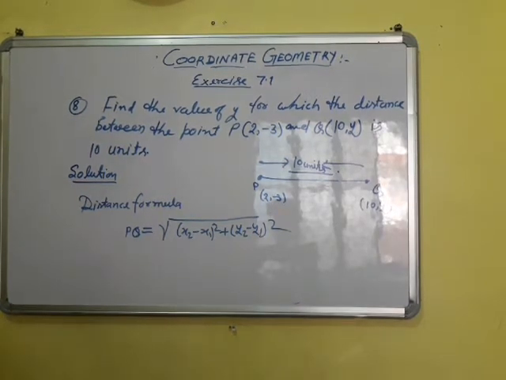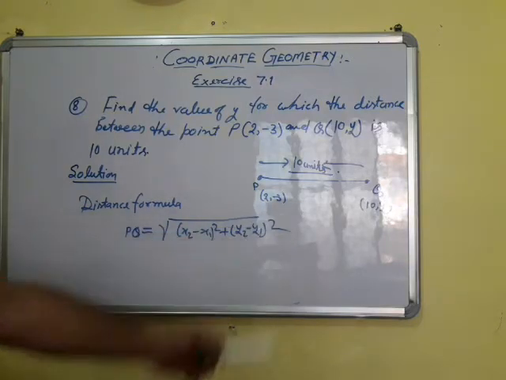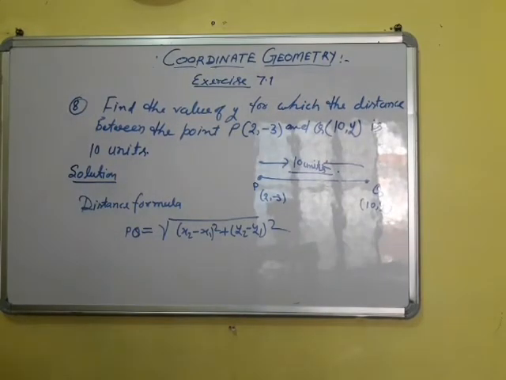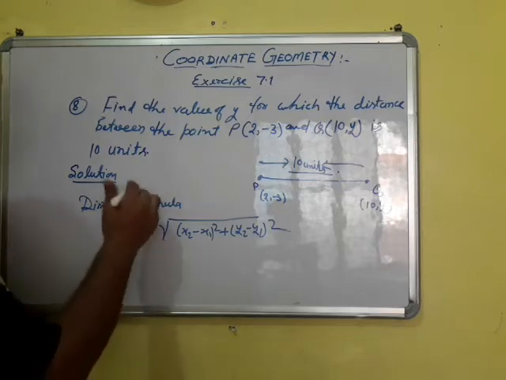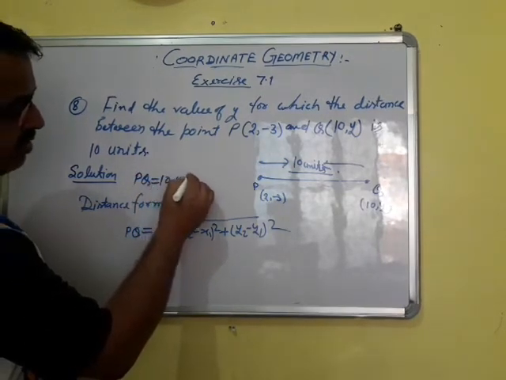And now you see that x2 is given as 10, x1 is given here as 2, y1 is given as minus 3 and y2 given here is y. Clear? Now put the values in. PQ is given here as 10 units.